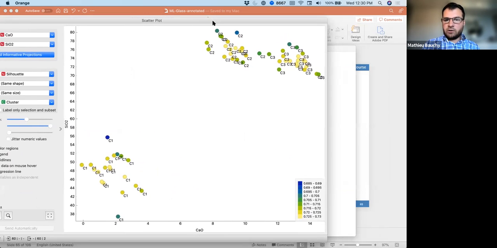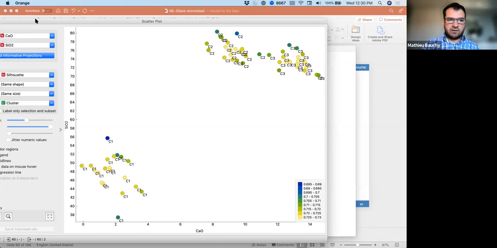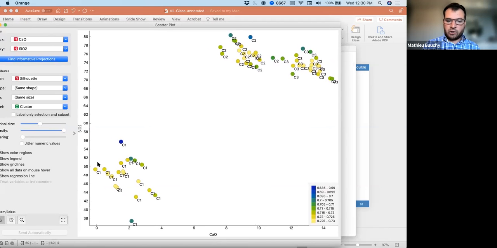So when you look at this, it doesn't really seem very obvious that this is the best way, but it does look like you have 3 groups, 2 groups with high silica content, and 1 group here with low silica content.